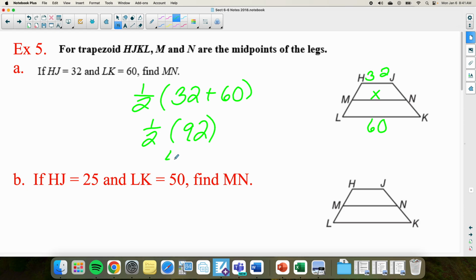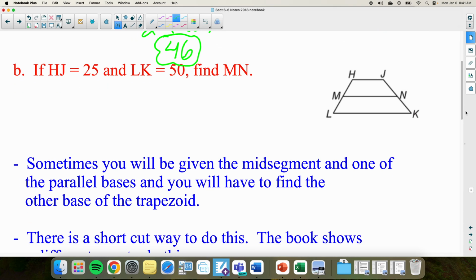46? Yep. All right. Then if we look at our next one, they tell us HJ is 25 and LK is 50, and we're looking for MN.